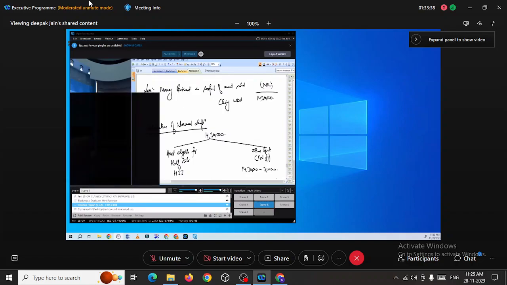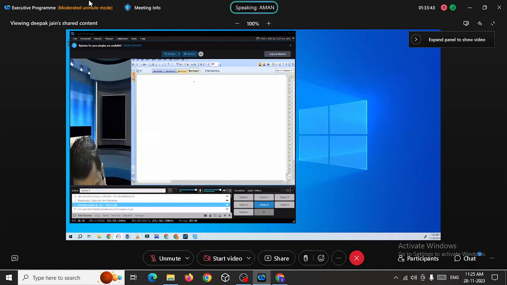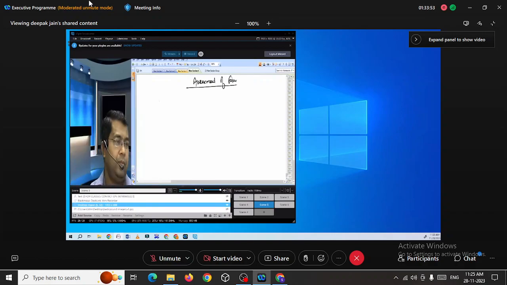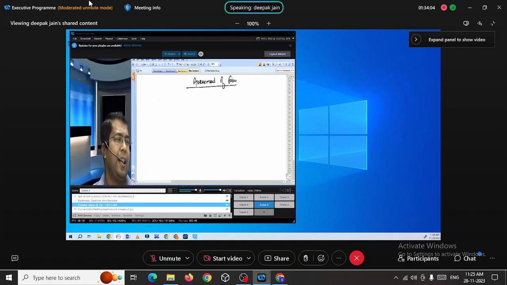So write down the heading: Assessment of firm. Next concept. In the eyes of Income Tax Act, firm means partnership firm only. Sole proprietorship firm is covered under the heading individual.